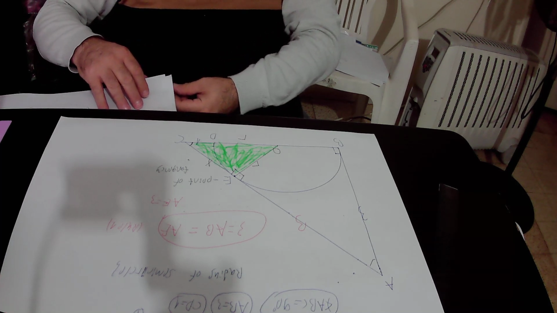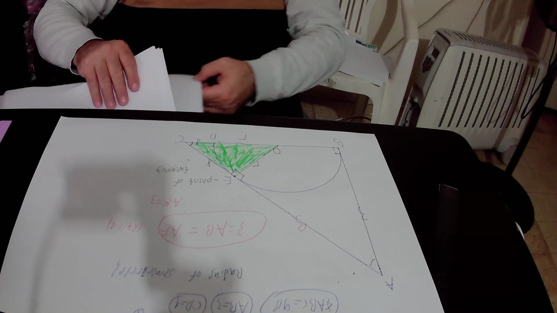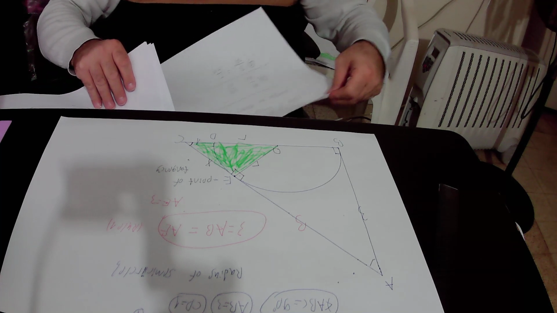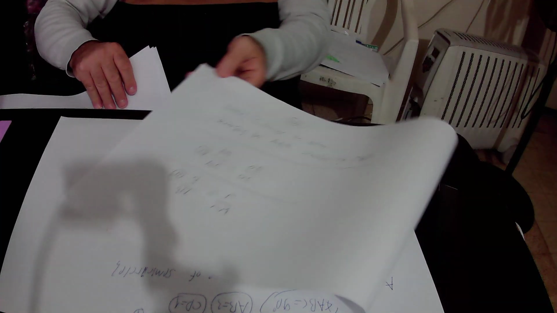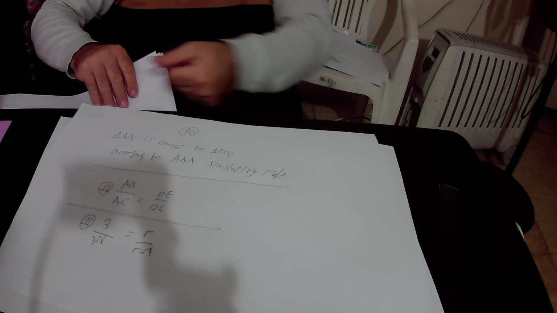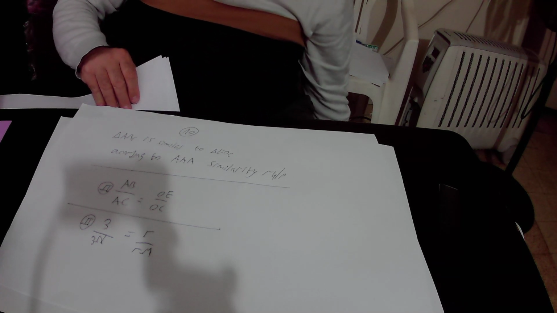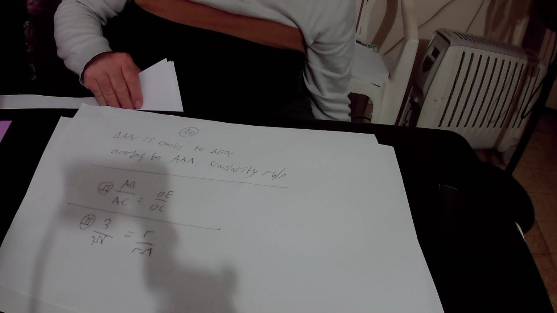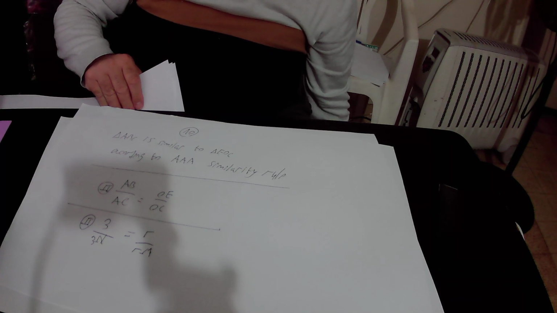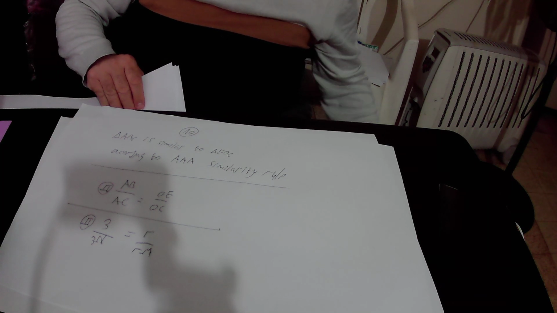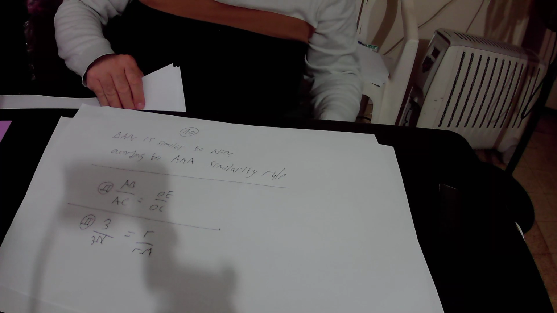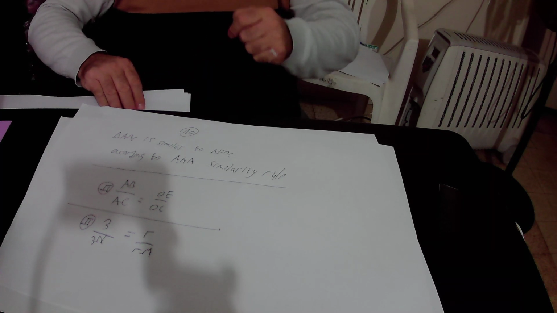Therefore, we proved that triangle ABC is similar to triangle OEC according to the angle similarity rule. So what is the angle similarity rule? If you prove that three angles of one triangle are congruent to three angles of another triangle, then those two triangles are similar to each other according to the angle similarity rule.